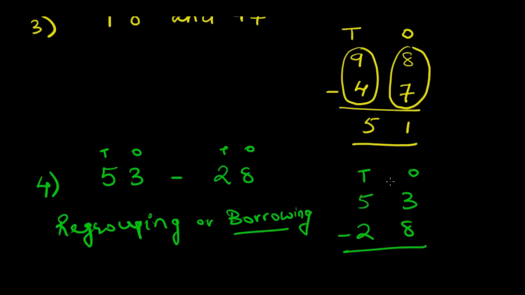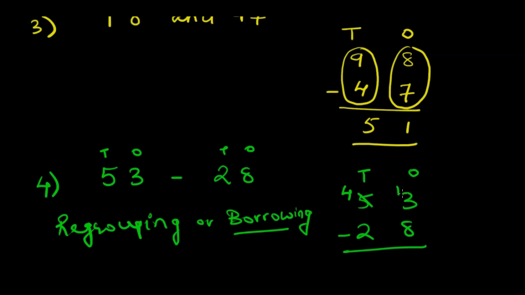So 3 is going to ask 5 to help 3 become a bigger number. And how is 5 going to help? 5 is going to cancel itself, become a 4, because 1 is forwarded from the tens place to ones place. That 1 is going to make this 3 a 13. So we're going to place that 1 here, and then this 3 becomes a 13.